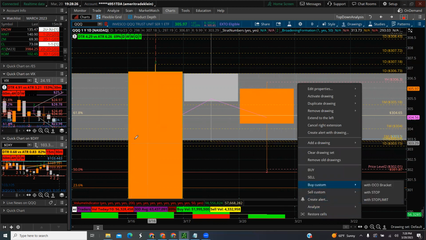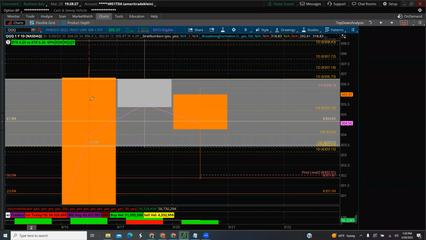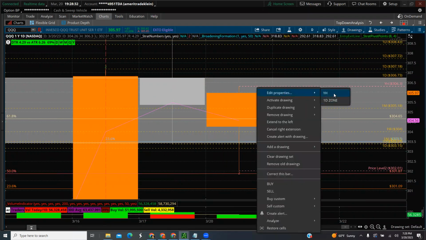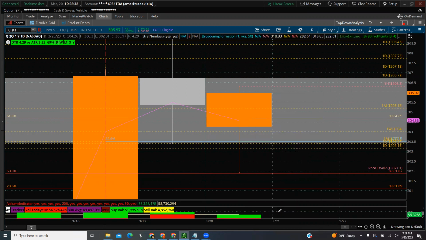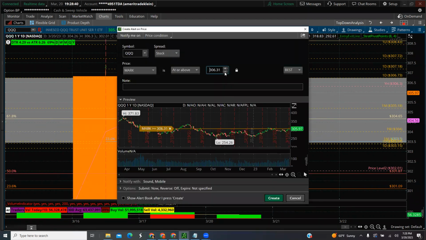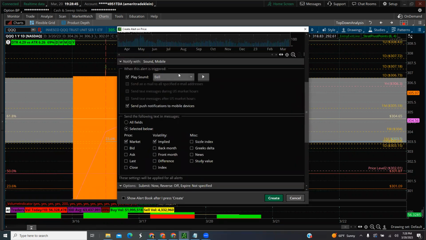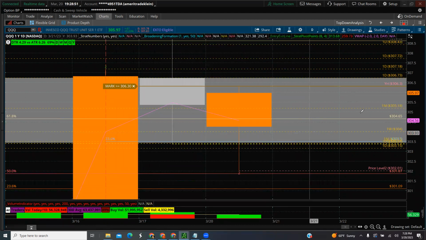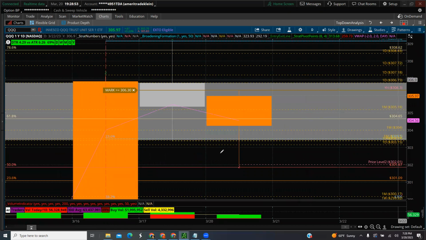So we're sticking with the cues as usual. Getting some alerts set up here so that we can be notified in the event that we get a major level broken.